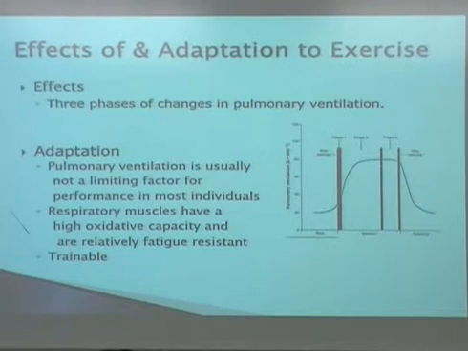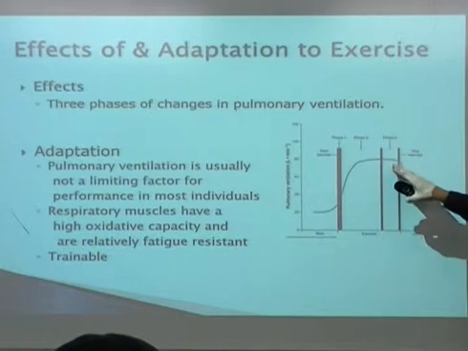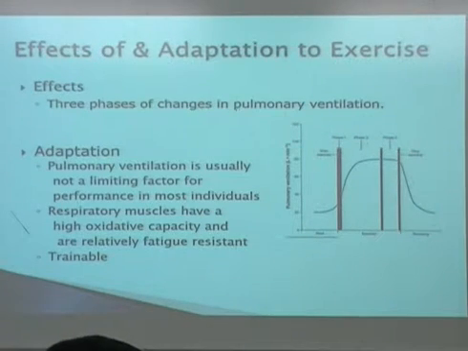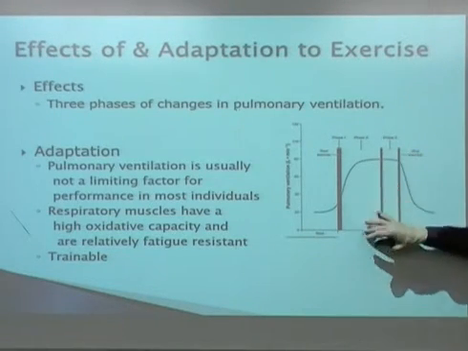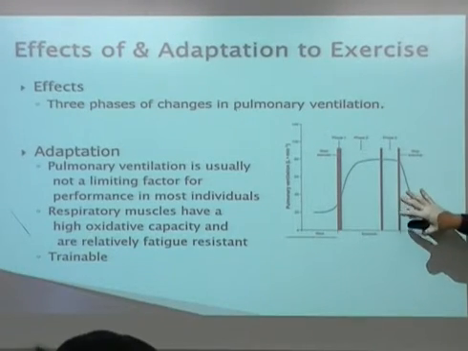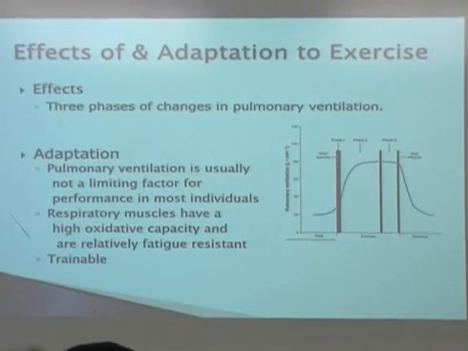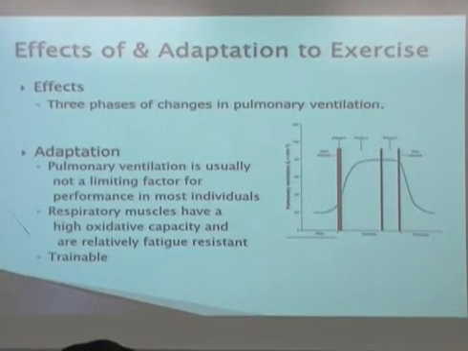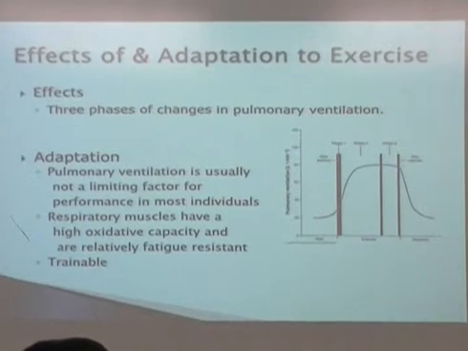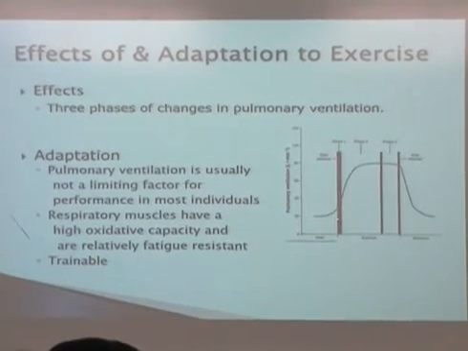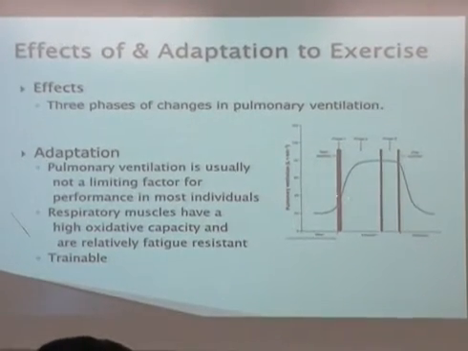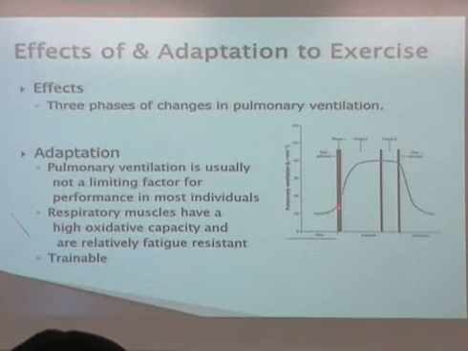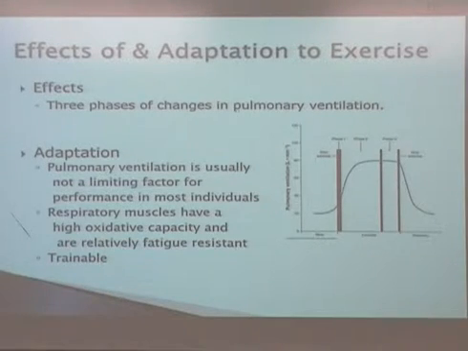Then we see these 3 phases within ventilation. And this isn't very clear up here, but it is in your book. So that diagram is there. All right, so what we get is phase 1, and because your cortex is responsible for the initial increase in ventilation when I start exercising, you know you're going to exercise.